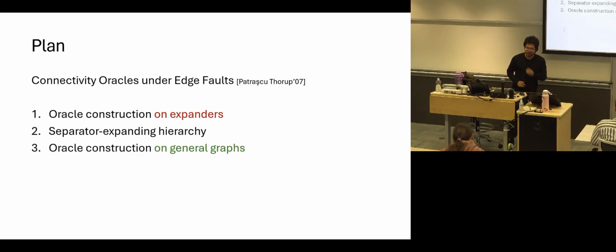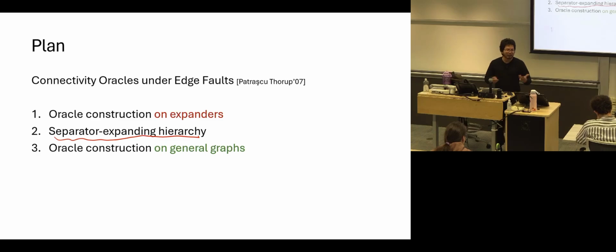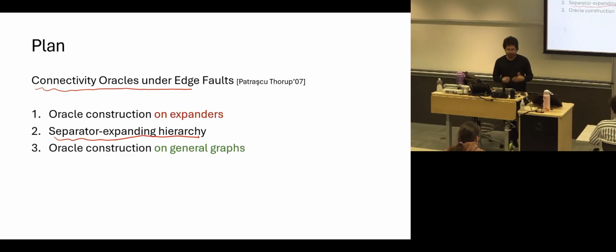Okay, so now today a new concept. We will learn separator-expanding hierarchy, which is some type of expander hierarchy. It's a really powerful one, and we will learn it by trying to solve a problem: connectivity oracle under edge faults.